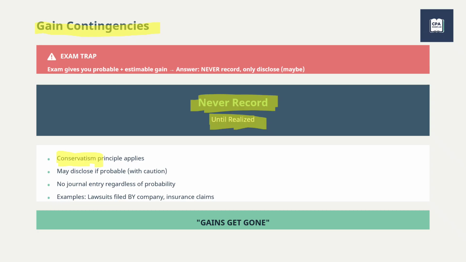One of the answers would say record a receivable of 500,000 because it's probable and estimable, which is the case for loss contingencies. But this is the wrong answer. You never record it. Conservatism: if there's a gain, we do not record it until realized. One way to remember it is gains get gone.